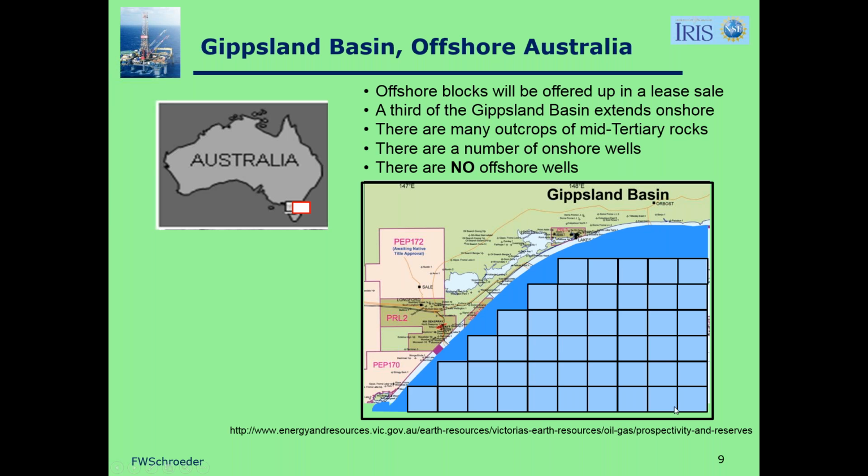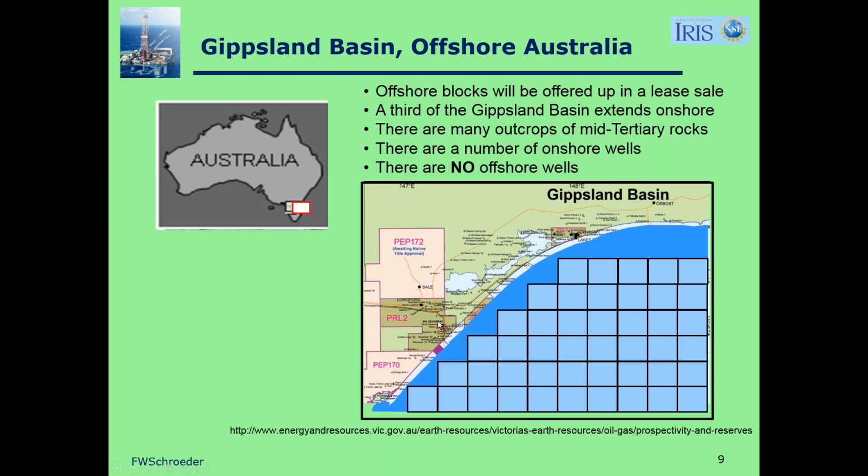And so we want to analyze this area and see out of these 35 blocks, 28 blocks, however many there are, if there are any that we are most interested in. We are interested in mostly Oligocene age rocks for our reservoir and our seal, and Eocene to Oligocene for our source. I'll talk more about that in a little bit. We have a number of outcrops where those age rocks are exposed in the hinterland.